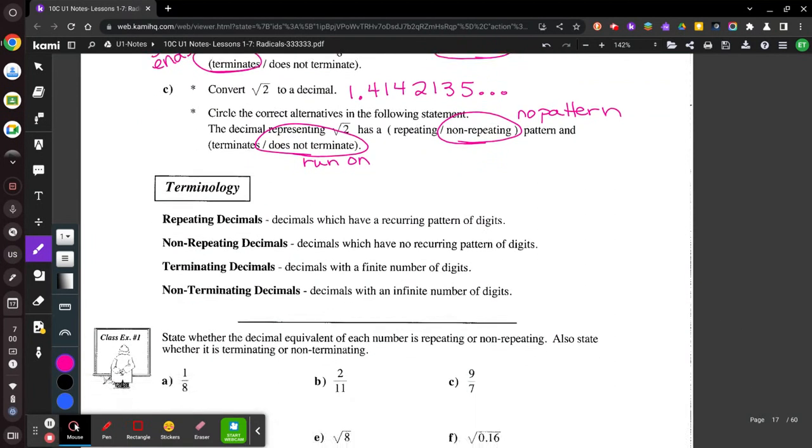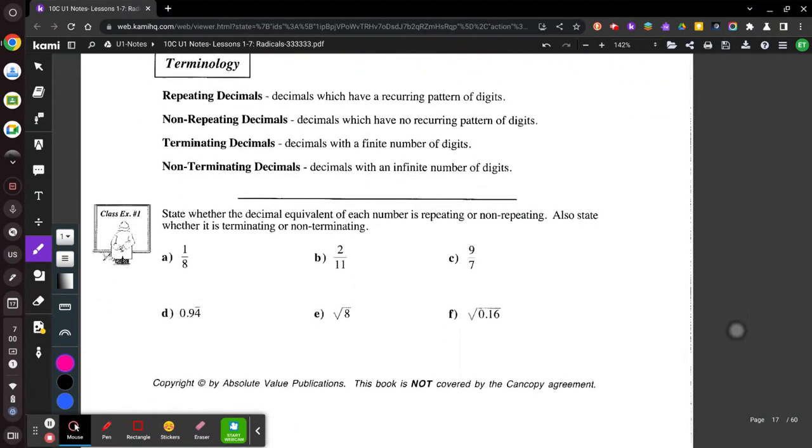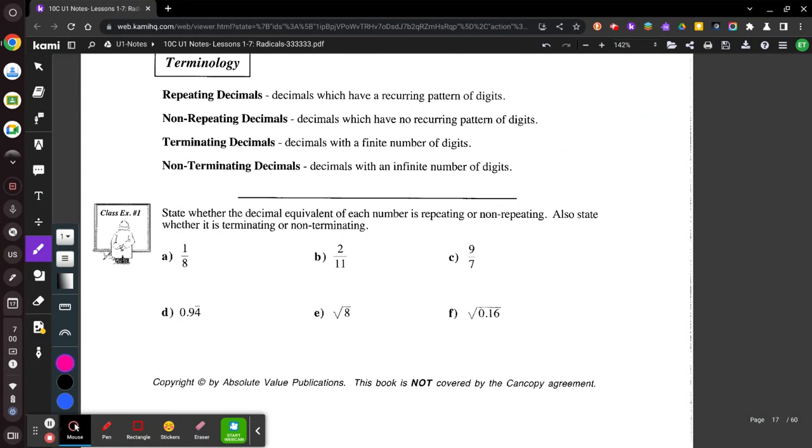So let's take a look at some of the vocabulary we're going to be dealing with. Repeating decimals are the ones that reoccur in a pattern, the ones that repeat the same pattern. Non-repeating decimals have no pattern of digits. Another example would be 2.141516.